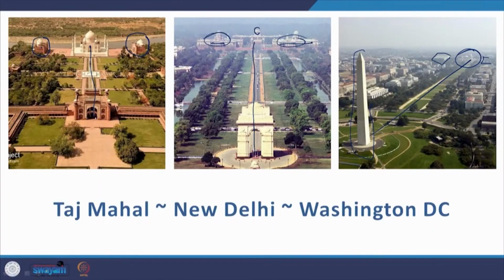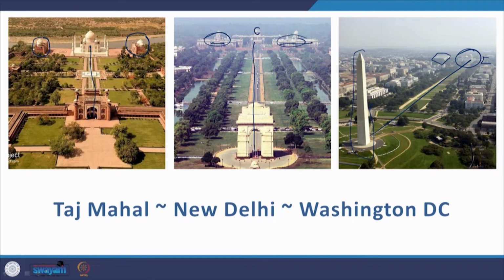So there is a kind of appeal of linking Mughal architectural symmetry with British or colonial symmetry. So we see this kind of interesting symmetry between the Taj, Central Vista and Washington.